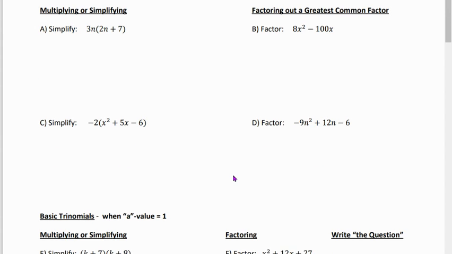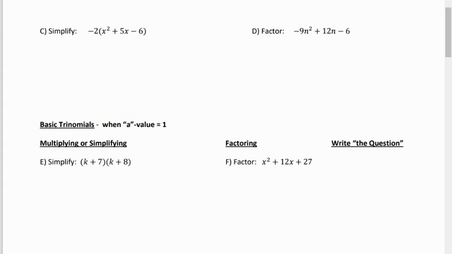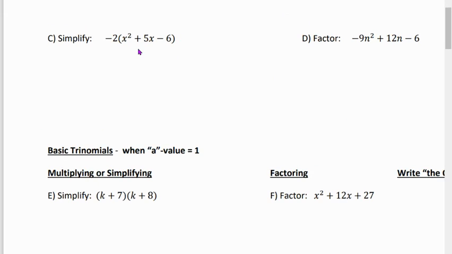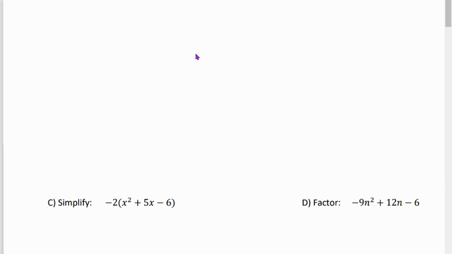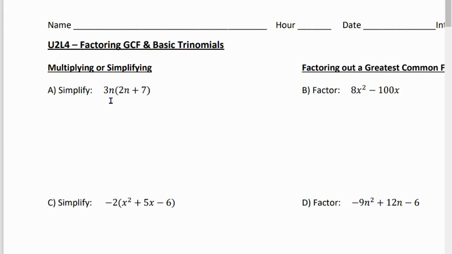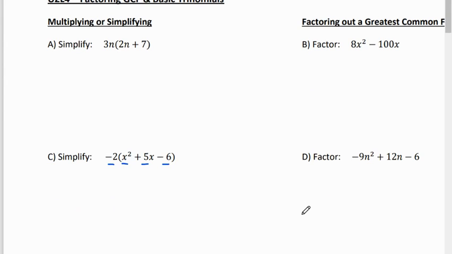All right, so we are now on example C. In example C, it's very similar to example A, but instead of having a monomial with a variable, we just have a number. But still it's a monomial times a trinomial. So we have three terms now that we have to distribute the negative 2 to.